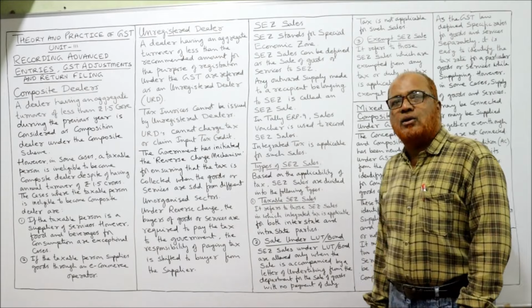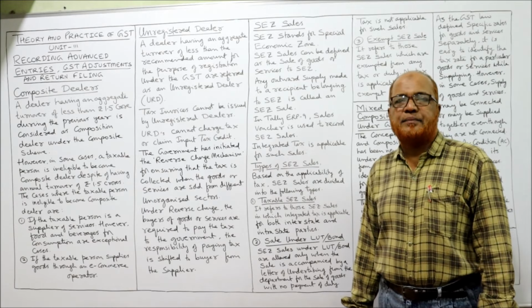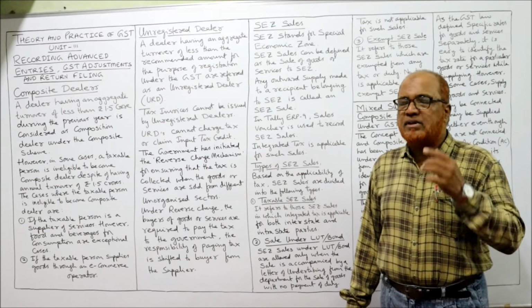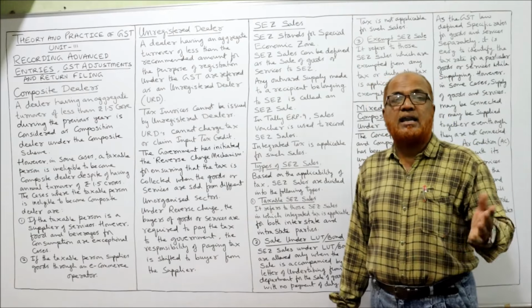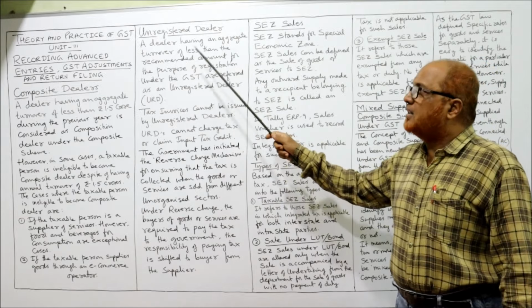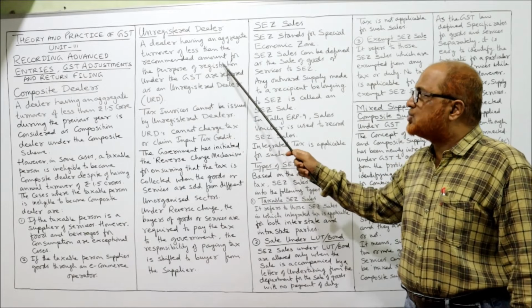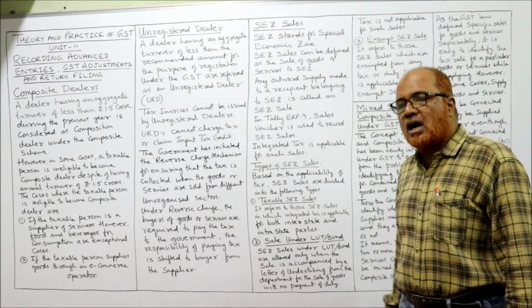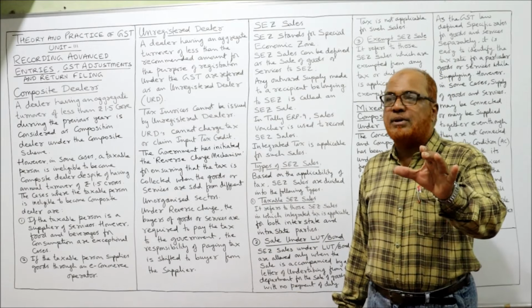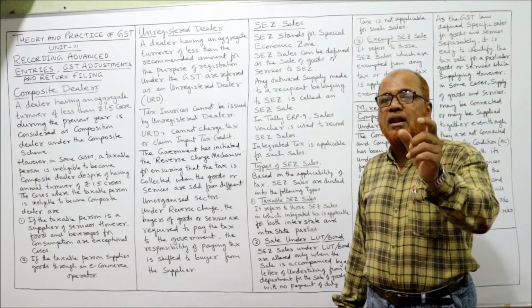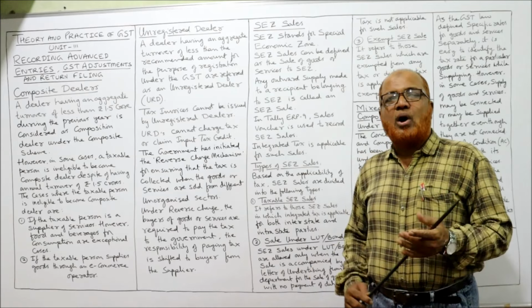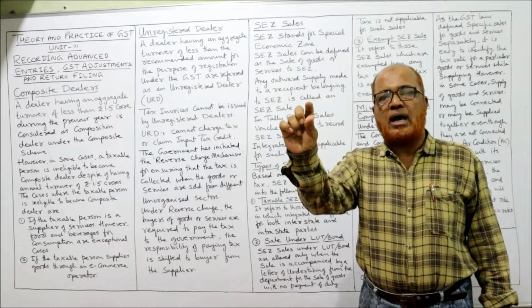The next term I am going to explain is unregistered dealer. Two types of dealers are there, registered and unregistered. In the previous videos I have already explained the differences between registered and unregistered. Now, a dealer having an aggregate turnover of less than the recommended amount for registration under GST is referred to as an unregistered dealer. GST law has given a recommended threshold amount.